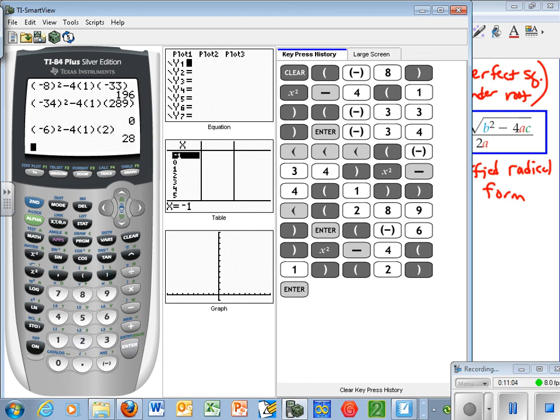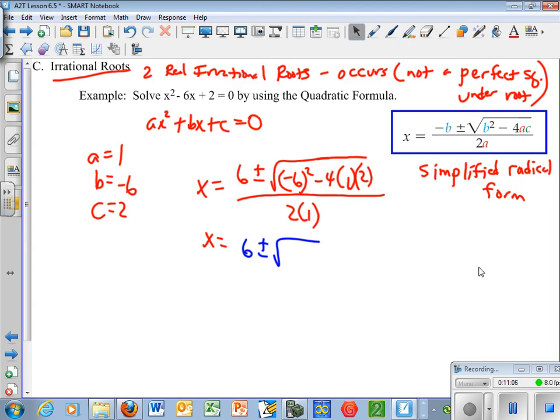And as you can see, that gives me 28. So underneath here, I get 28 all over 2 because 2 times 1 is 2.